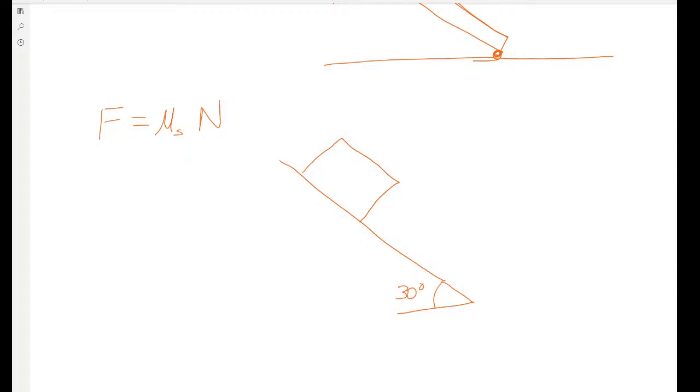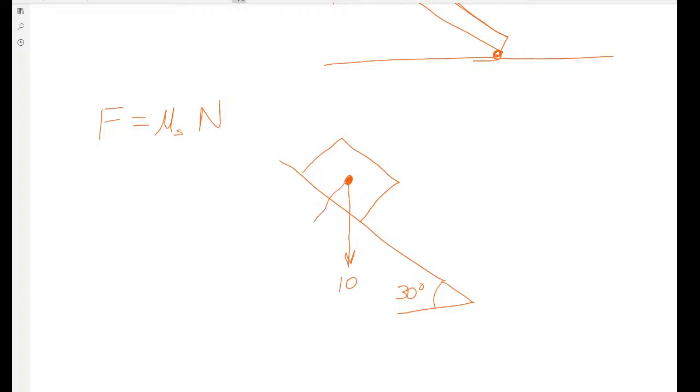And if at 30 degrees it starts sliding, what do we have here? Well, first, we have the weight. Just for case in point, we'll call it 10 pounds.